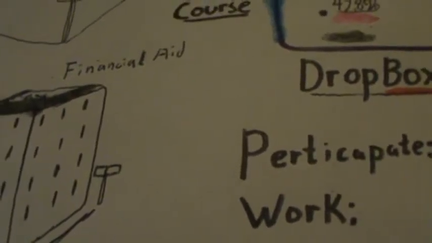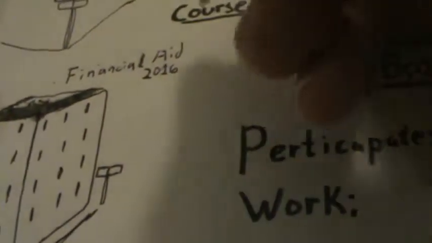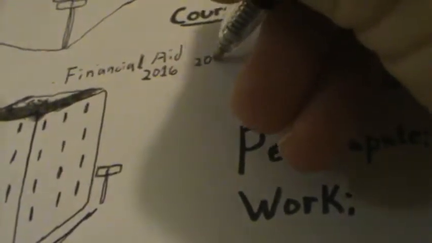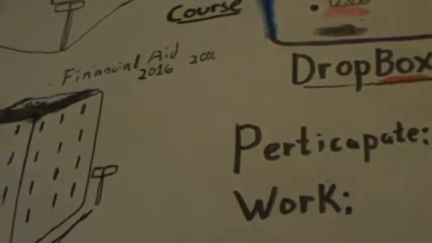They may say that by the year 2016 financial aid could credit each student for 20%. I'll just say 20%, I don't even know if it's going to go that high, but if it's about 20%, they're going to credit them 20%.